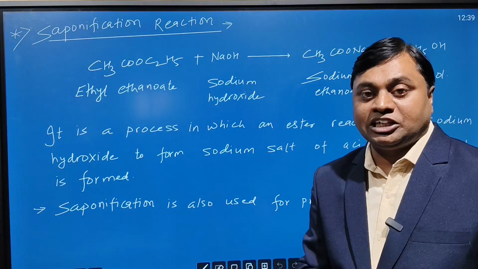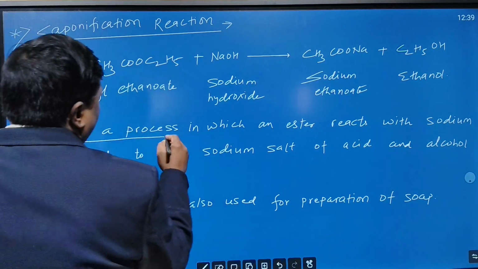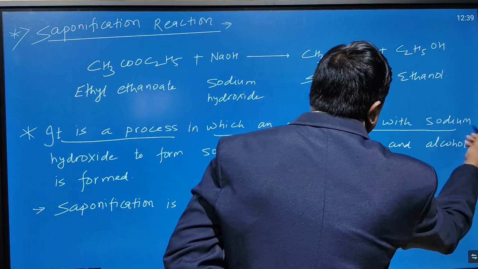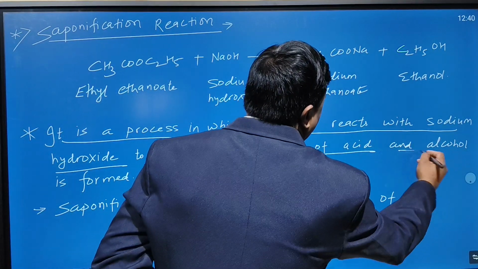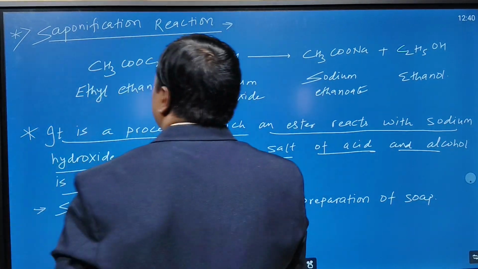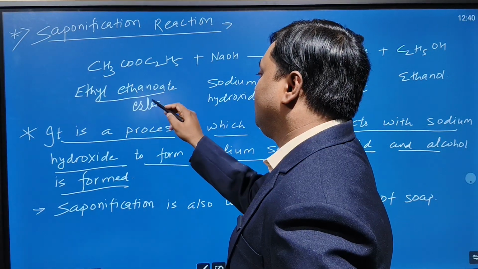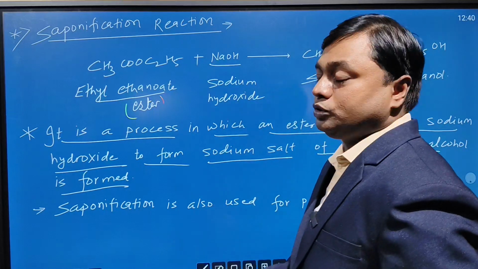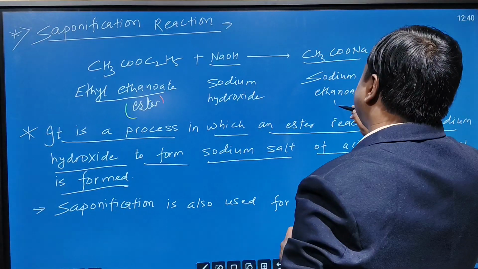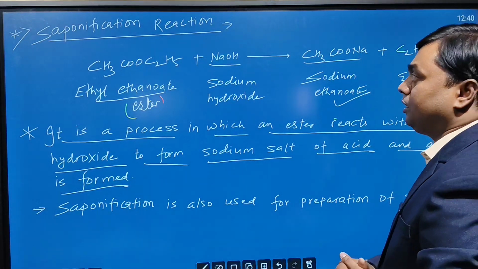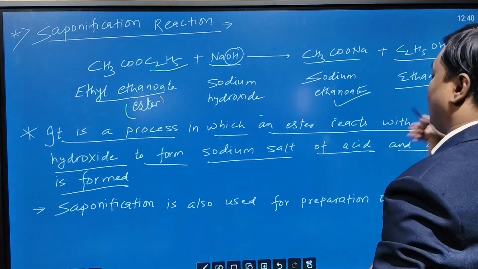Next, saponification reaction, very important. Let's discuss it first. It is a process in which an ester reacts with sodium hydroxide to form the sodium salt of the acid, and alcohol is formed. For example, ethyl ethanoate, which is an ester, when it reacts with sodium hydroxide, what will happen? CH3COONa, that is sodium acetate or ethanoate, is formed, plus this OH will react with C2H5, that is, ethanol is formed.